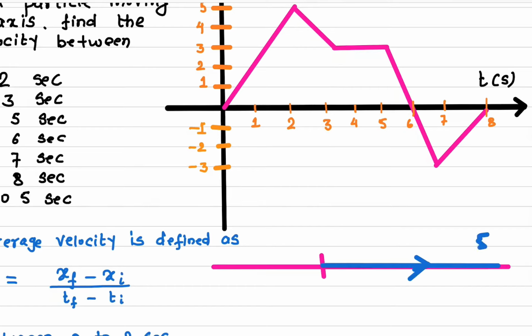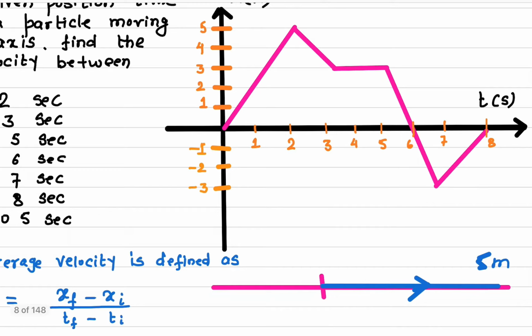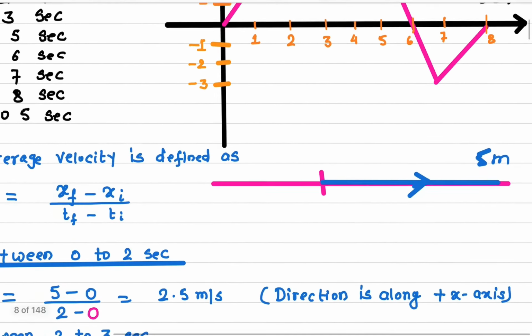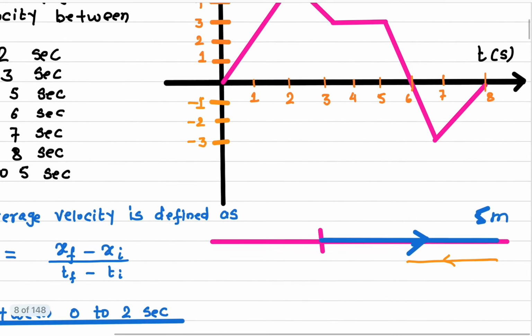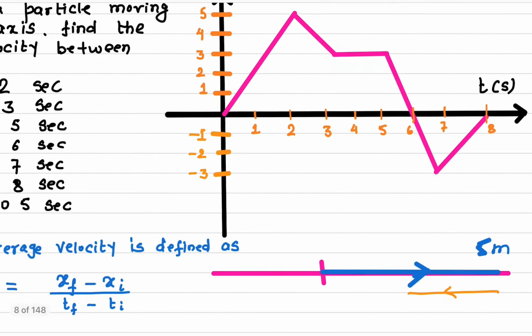Okay, this is the 5 meter, and then what you did, you moved backward. How much did you move? You moved from 5 meter to 3 meter in the backward direction. So your second motion is 5 meter to, you move this way. Okay, and then in this time interval you were sitting, you were just at rest, so you're not moving.